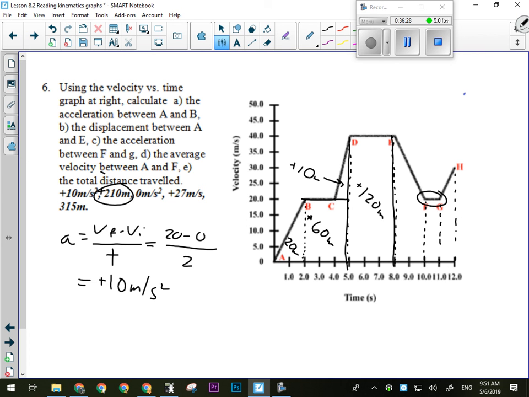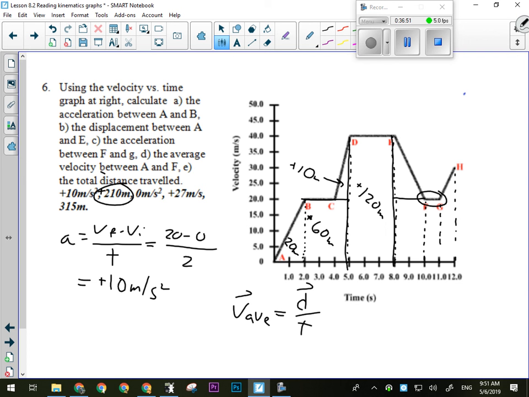All right, and then the last thing here, average velocity between A and F. If I'm going to find average velocity, I need the total displacement and the total time. So I already found the total displacement to E. I just need to extend it out now to F. So I'm going to have an extra triangle and an extra rectangle that I just need to calculate the areas of and add to that 210 I had before.